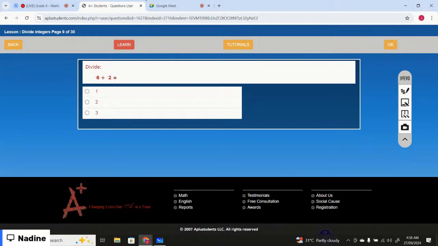The next one is negative 6 divided by negative 2. Negative 6 divided by negative 2 is, yes, 3. Option number 3 is the correct option.